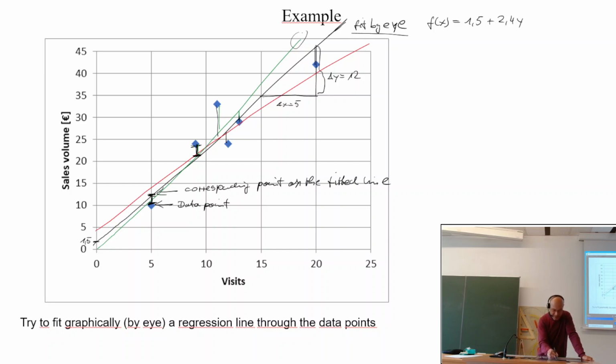And if we take this point, so in this case y hat minus y is larger than 0, and in this case, y hat minus y would be smaller than 0.